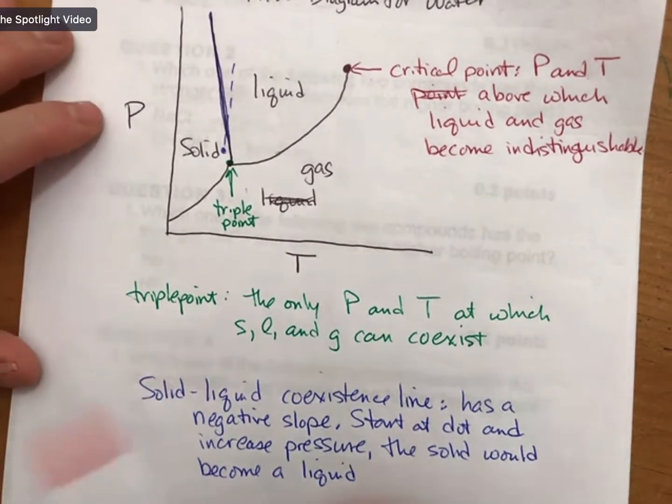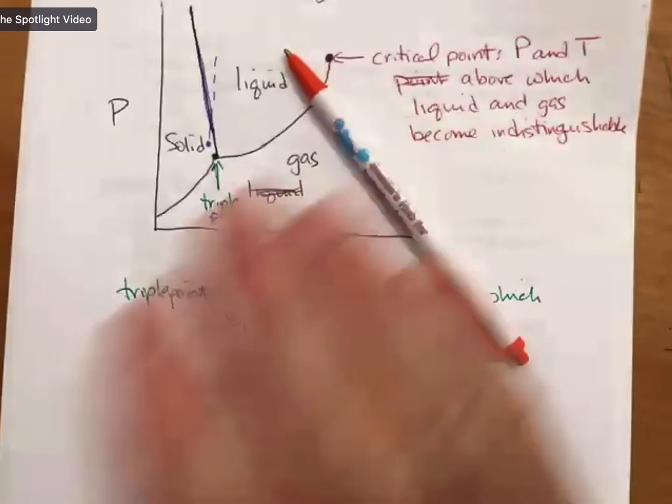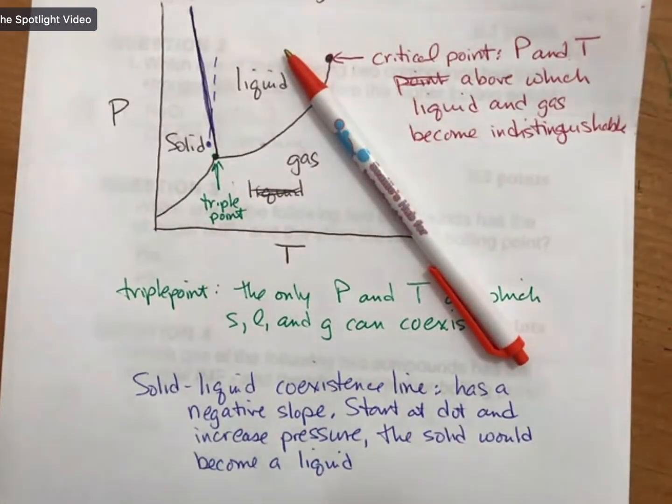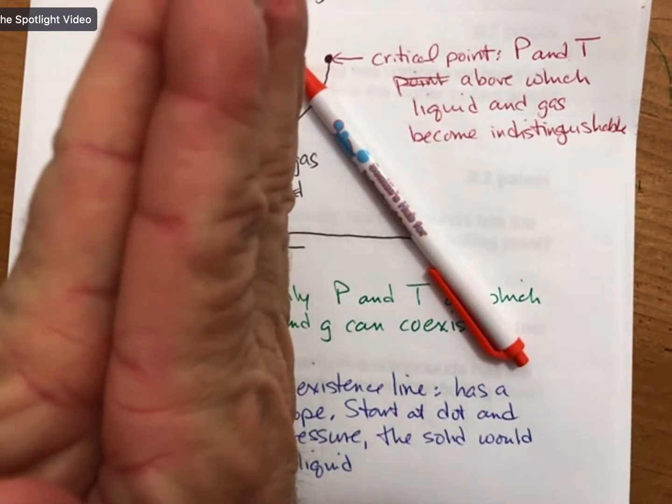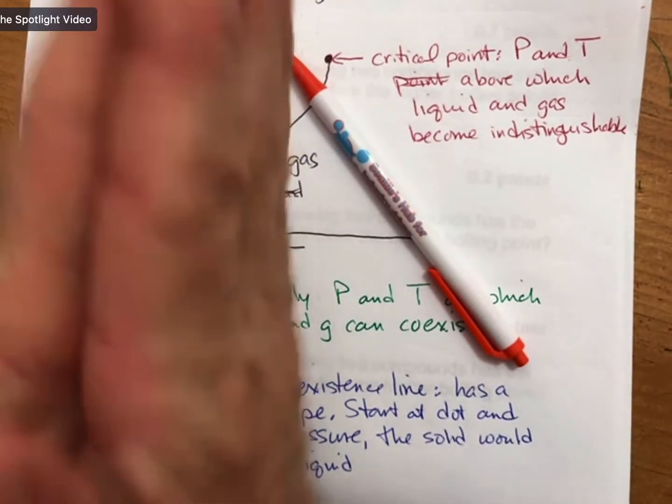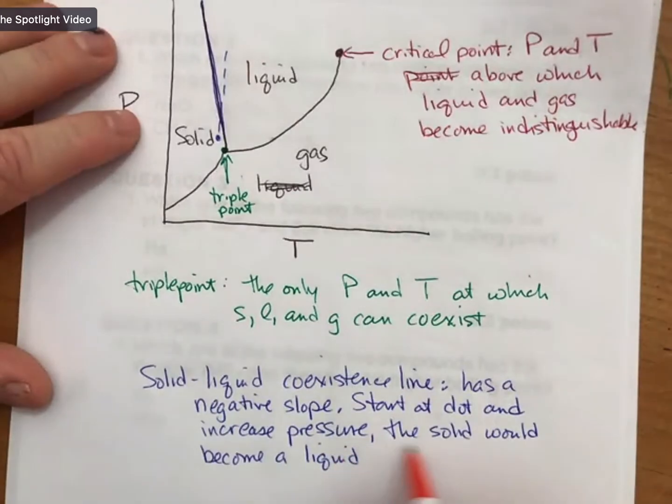And what that means is, when you apply more pressure, you are forcing the atoms together. And when you force the atoms together, it becomes more dense. So the solid would become a liquid.